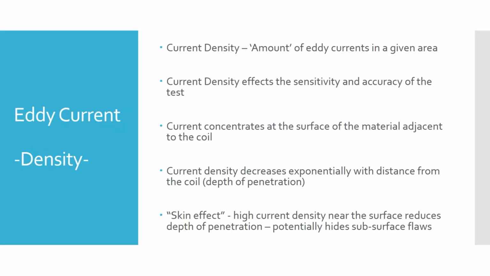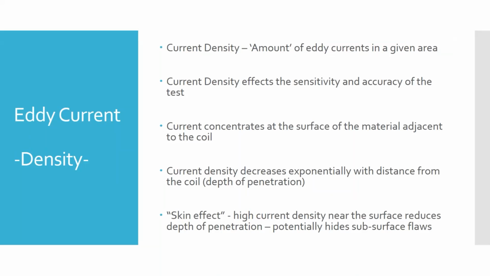The current density ultimately is going to affect the accuracy of our test as well as the sensitivity and what kind of depth of penetration. How deep can we see? Can we see only just at the very surface, or can we see some things going on that are subsurface? That's going to be determined by this current density.